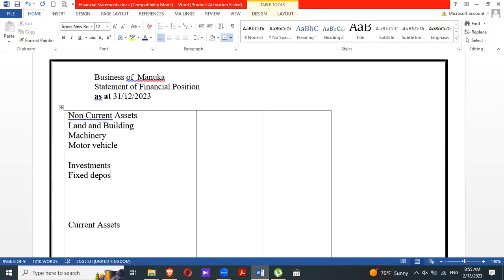If the fixed deposit is less than 1 year, it comes under current. Like this, you can record. Here, you have to take the value.